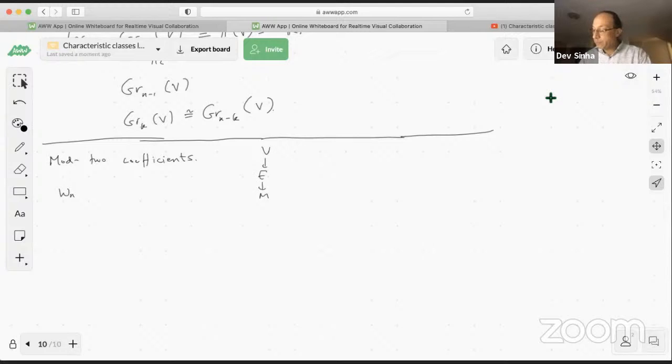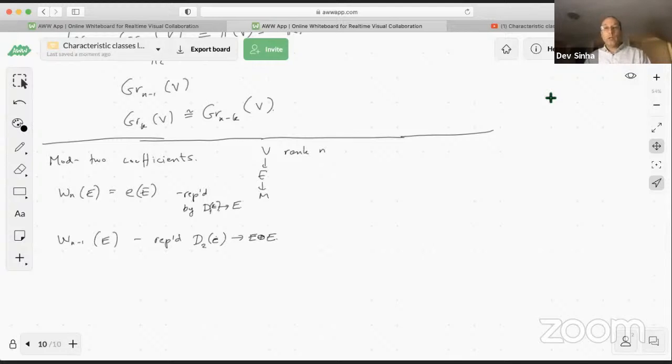So let's remind ourselves that we've got V to E over M, and this is rank n. W_n of E is going to be the mod 2 reduction, or if the Euler class was mod 2 to begin with, the Euler class of E, and that's represented by D1 mapping to E. And then W_(n minus 1) of E is going to be represented by what we just defined, this D2E mapping to E plus E. E plus E is again homotopy equivalent to M. So ultimately this defines cohomology classes on M as well.